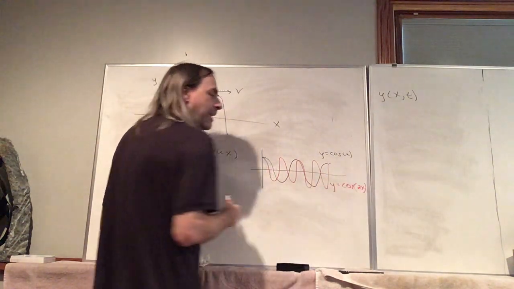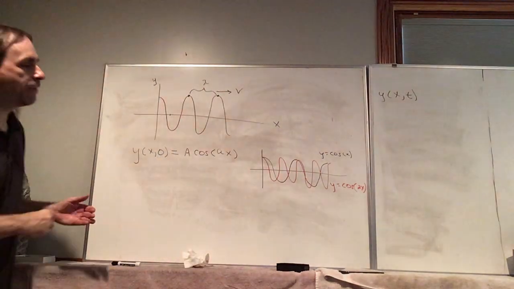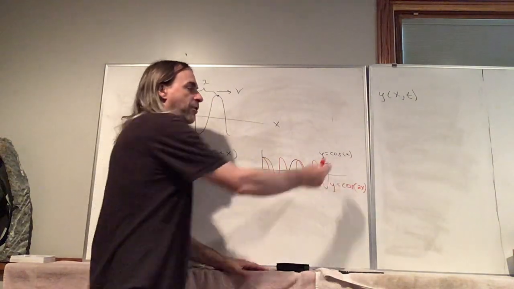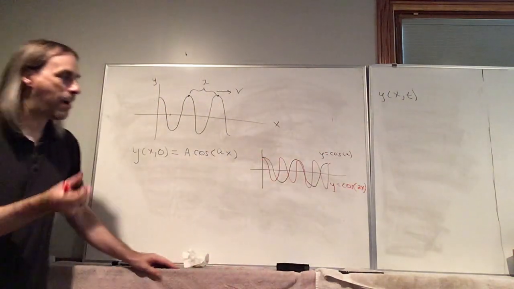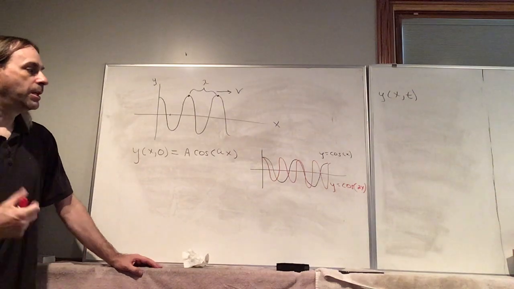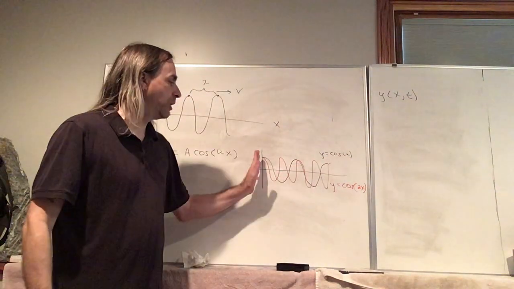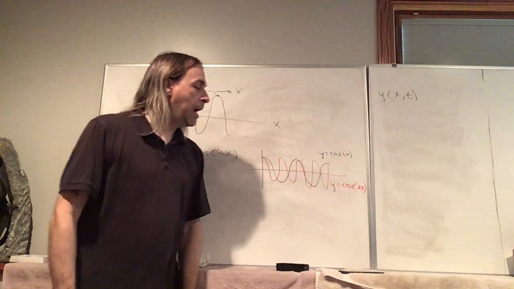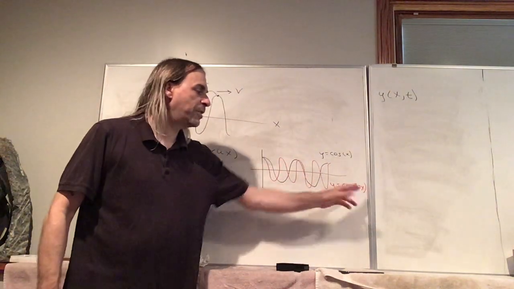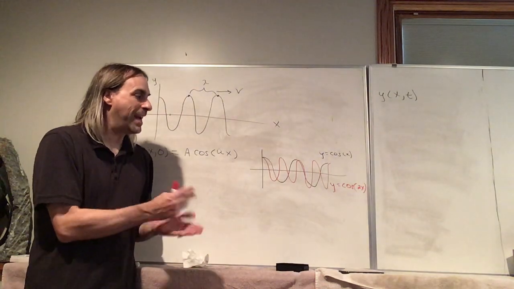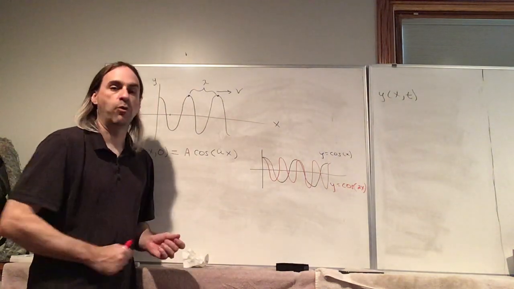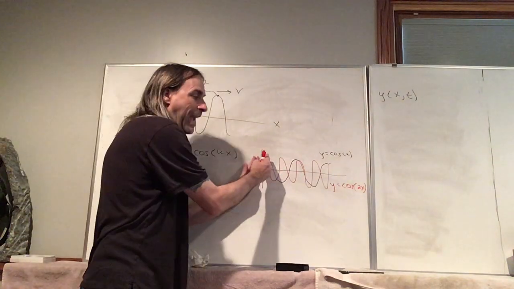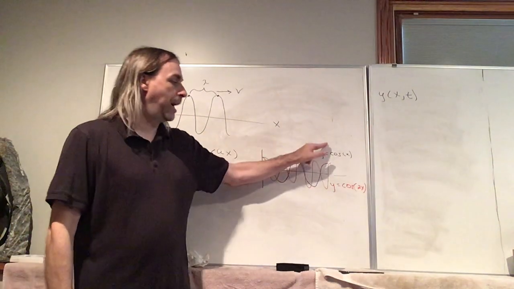Now you might wonder, why did it shrink the wave? Well, you complete a cycle when the argument of the cosine is equal to 2 pi. So if you just have x, you'd have to go to 2 pi to complete a cycle. Now if we have cosine of 2x, when x is equal to pi, then we've completed a cycle. And so the wavelength is only half of what it would be in this case.